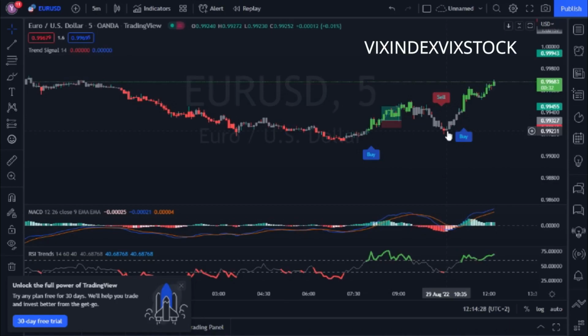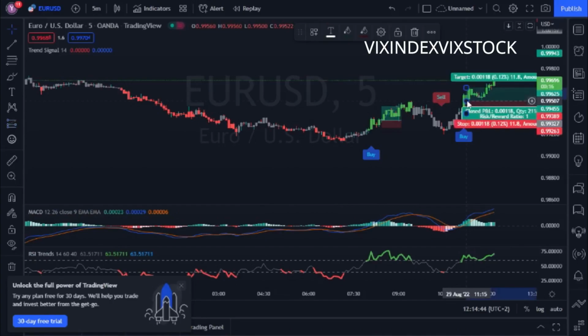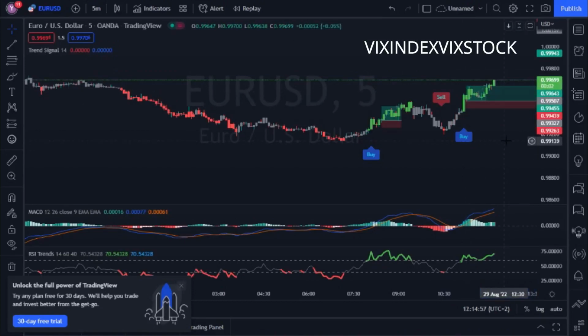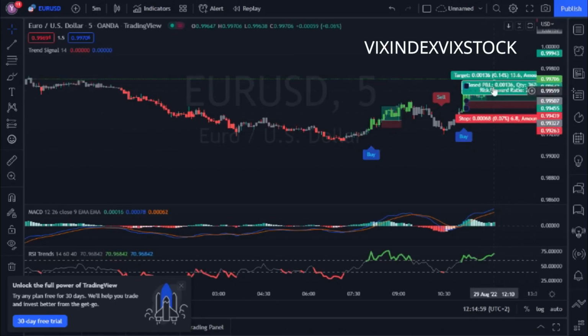That would be our loss there, and obviously here we would have recovered from that loss, because we would have gone long, a buy there. Then obviously we would have a tight stop, and we are looking for a 1:1 or 1:2 risk to reward ratio.